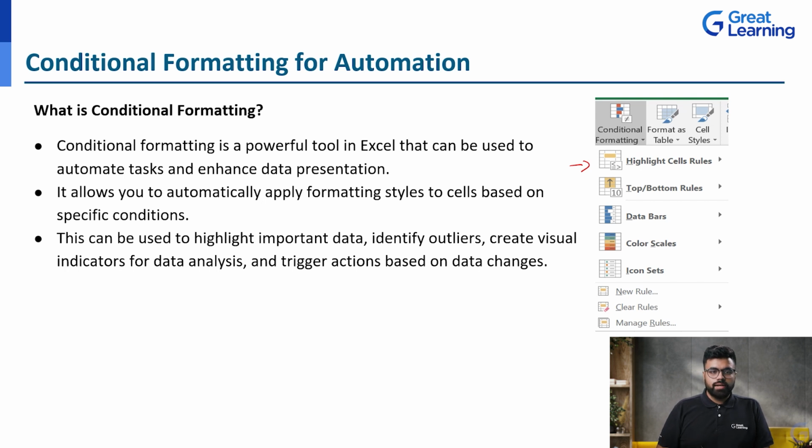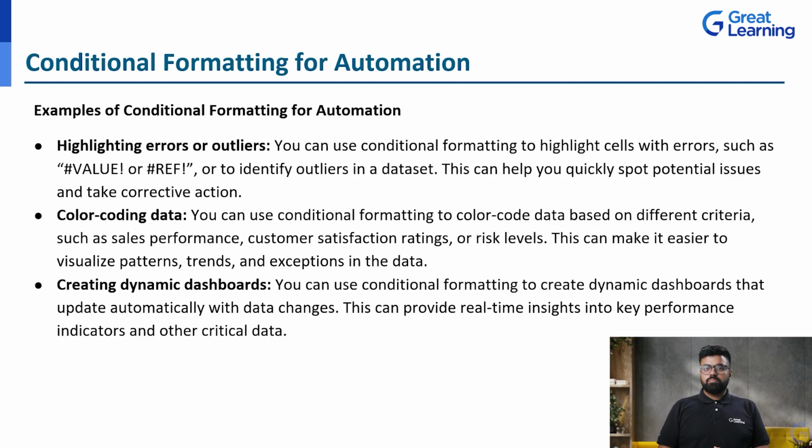So conditional formatting allows you to automatically apply various formatting styles to cells based on specific conditions. This can be used to highlight important data, identify if there are any outliers, and create visual indicators for data analysis and trigger actions based on those data changes. Then what are the various examples for conditional formatting?